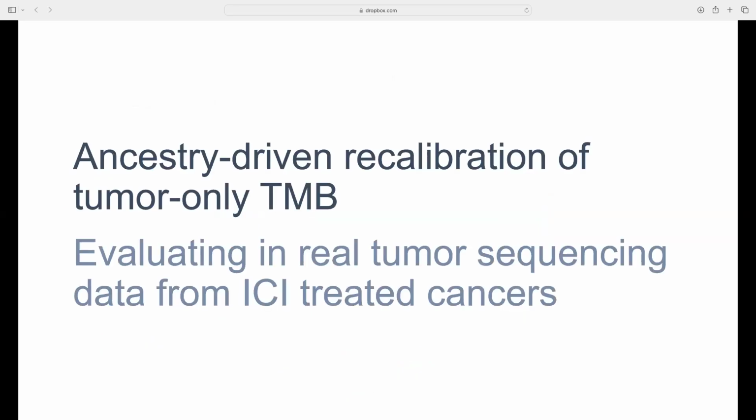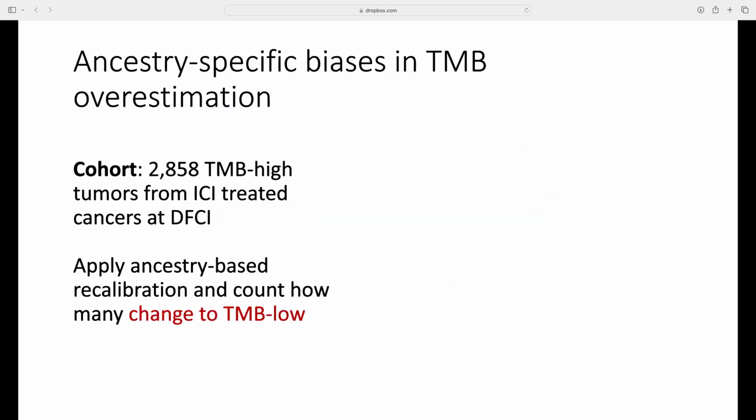So we applied this technique again to data from Dana-Farber to get a sense of how much of an impact this actually makes in real samples. Specifically, because immunotherapy is still approved, or at the time was approved, for only a subset of tumors, we focused on cancer types that do routinely get immune checkpoint inhibitors.